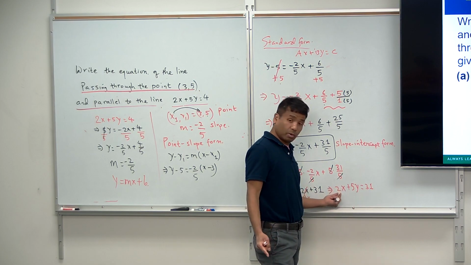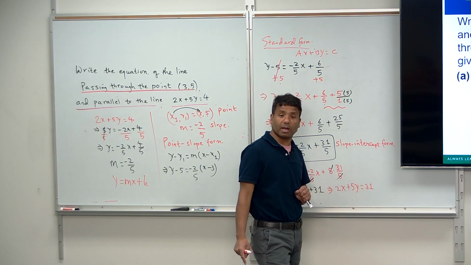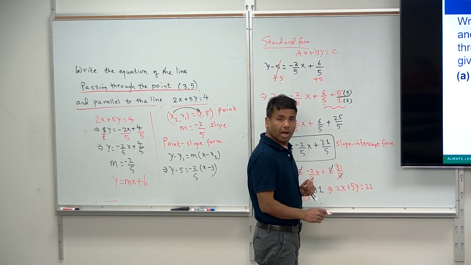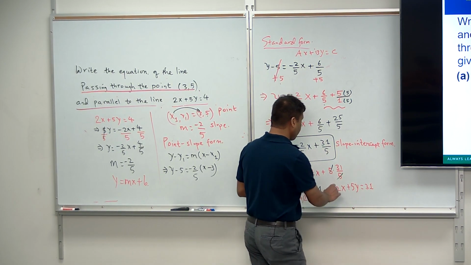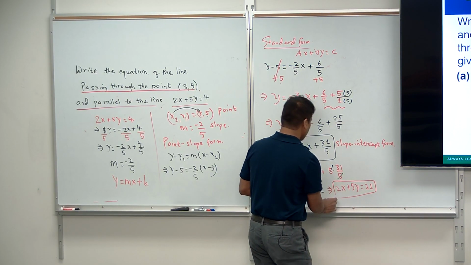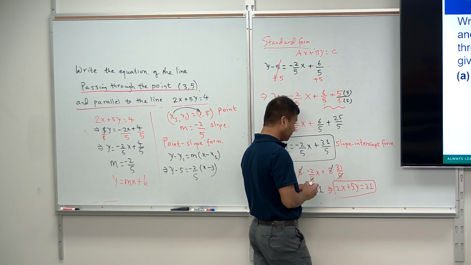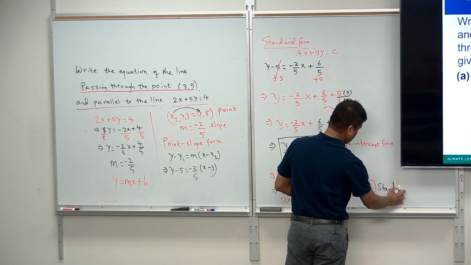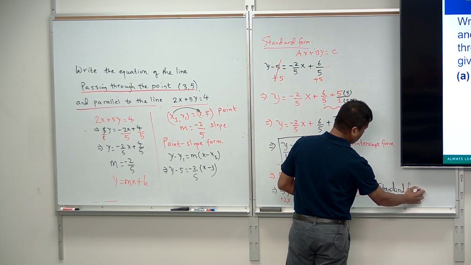All of them are prime. 2 is prime, 5 is prime, and 31 is prime, right? Are you with me? You got it? Good. So now this is a standard form.